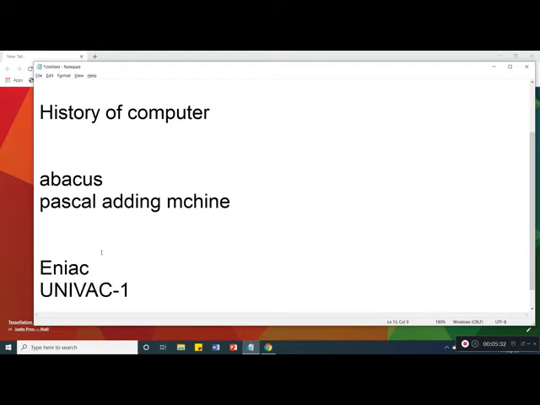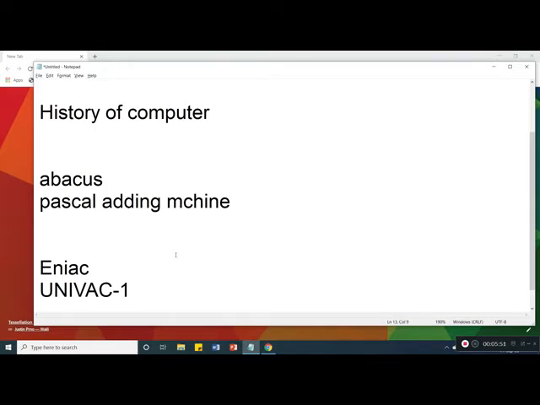So these are all the previous versions of computers: the abacus, Pascal adding machine, Leibniz calculator, and the analytical engine. In 1837, Charles Babbage invented the analytical engine, called a computer.